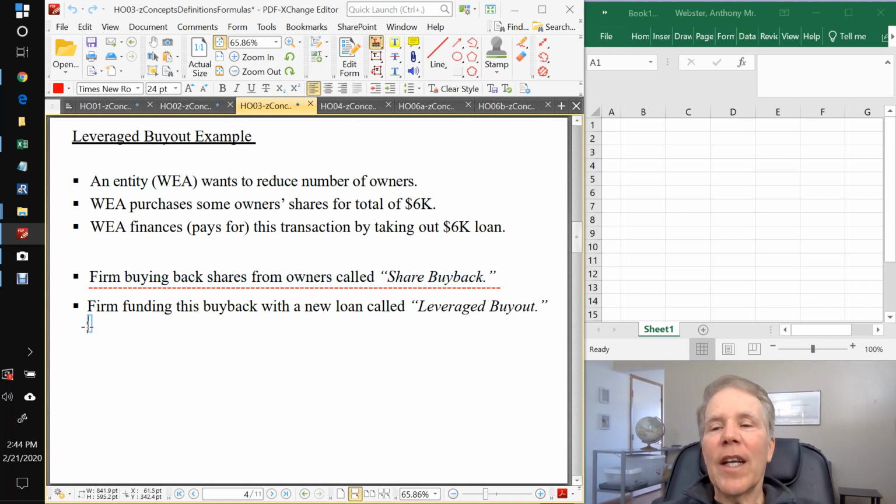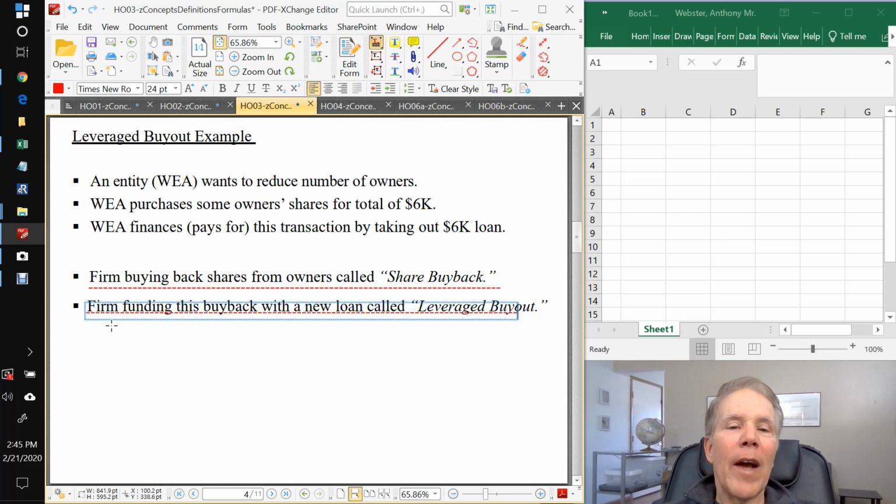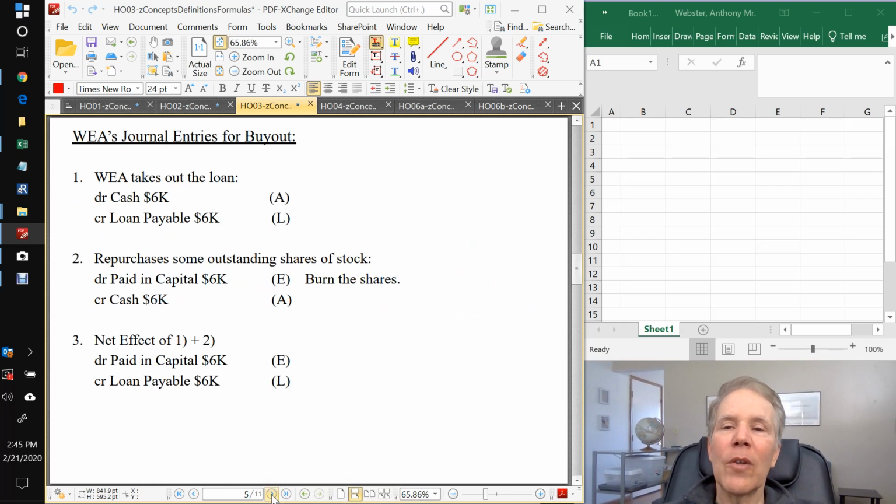We looked at a case where the firm, West End Advisors, did this with a loan. It actually went to JP Morgan Chase, got a loan, and used the proceeds to buy the shares back from one of the owners.